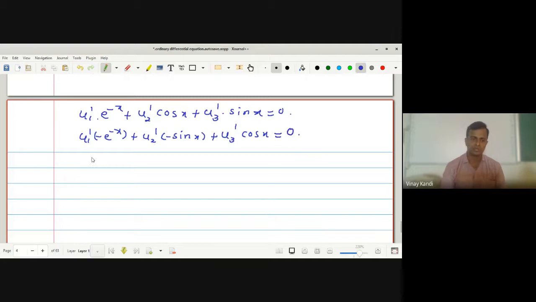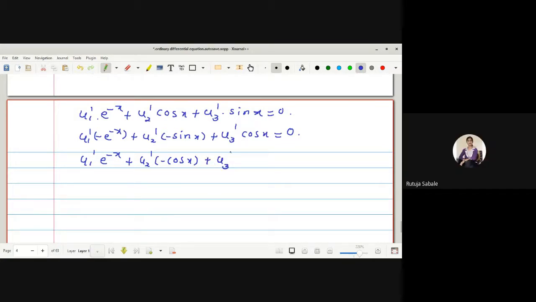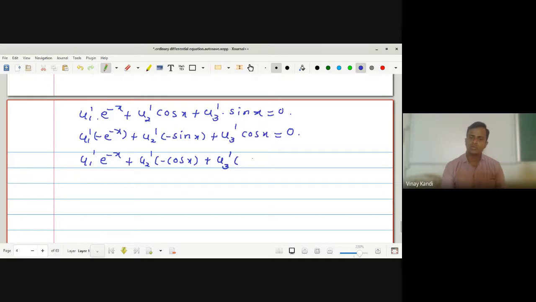Now again u1 dash e raised to minus x plus u2 dash into derivative of sin x, cos x. Any doubt up to here? Plus u3 dash into minus sin x is equal to what is b of x?